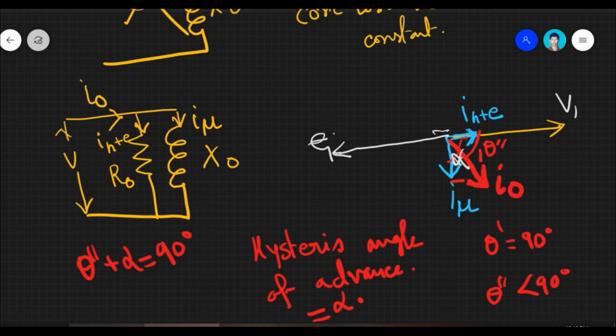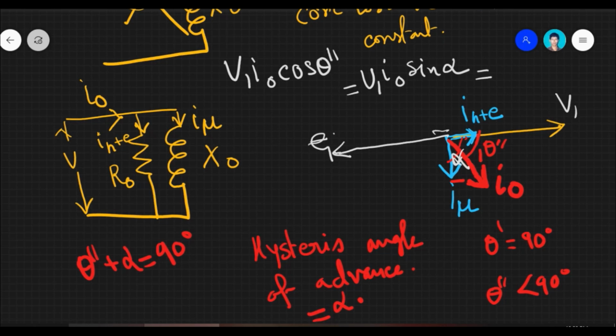So unlike the previous case, now some loss starts taking place here, and that loss you can either write V1 I naught cos theta double dash, or you can write V1 I naught sin alpha is equal to your no load power loss, or P naught is equal to your load loss, right?